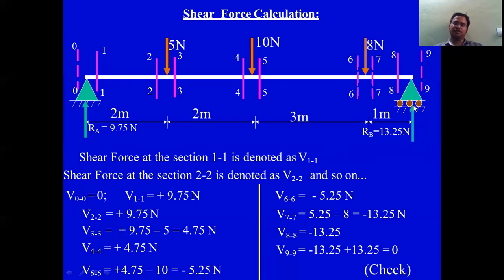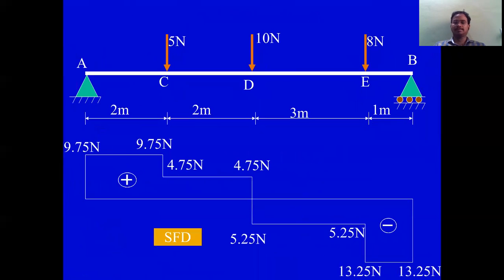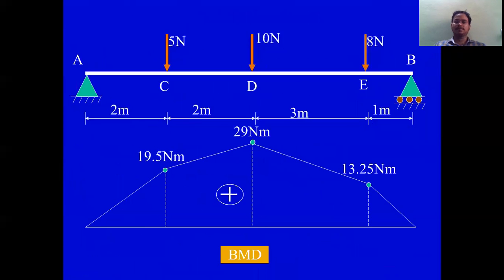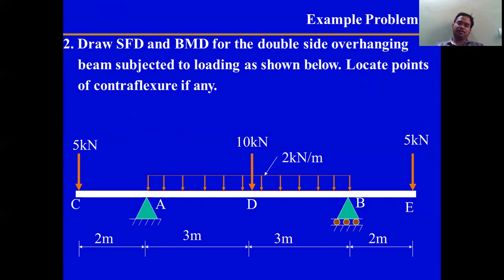From the bottom, upward is plus we are taking, and finally we get the figure like this. And we will see the next problem, UDL, uniformly distributed load, in the next session.